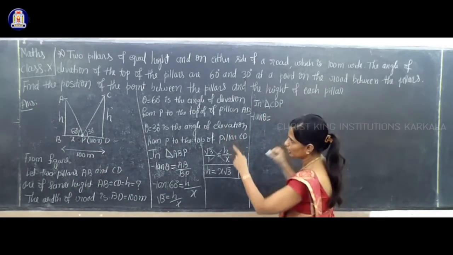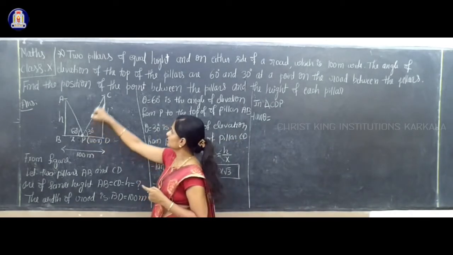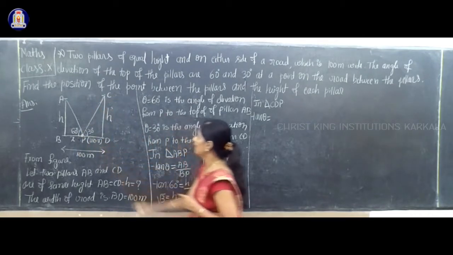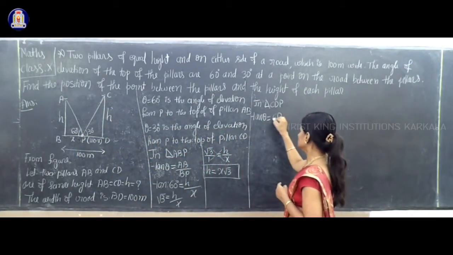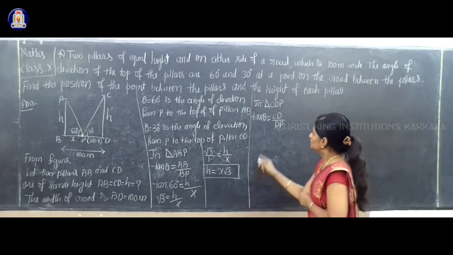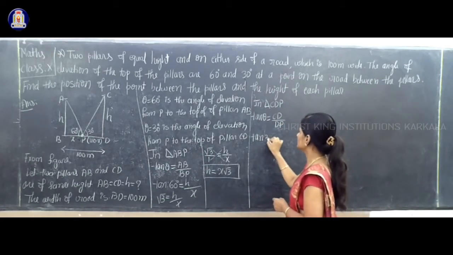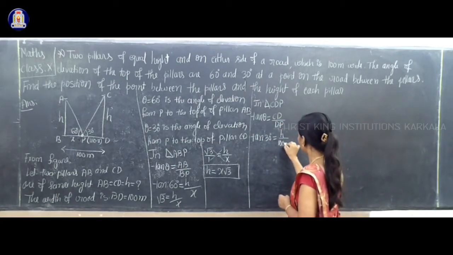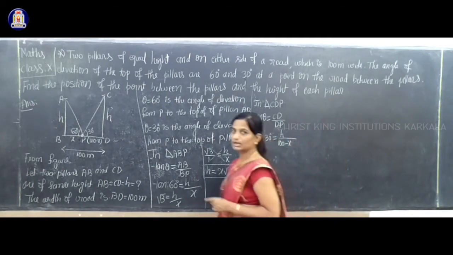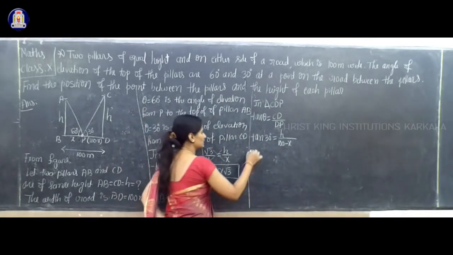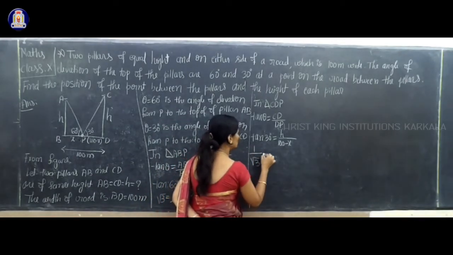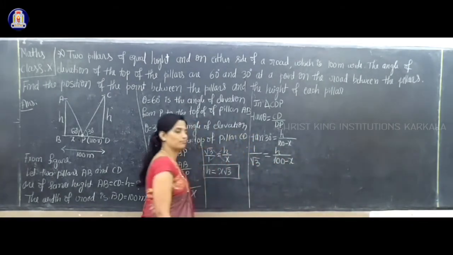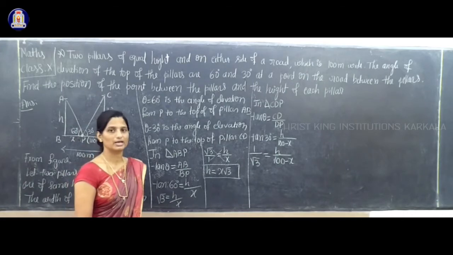Tan theta is opposite side over adjacent side, so it is equal to h divided by DP, which is 100 minus x. Now what is our tan 30? Tan 30 is 1 by root 3, equal to h divided by 100 minus x.